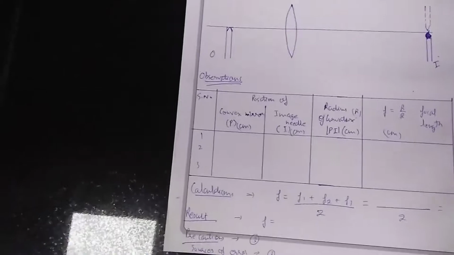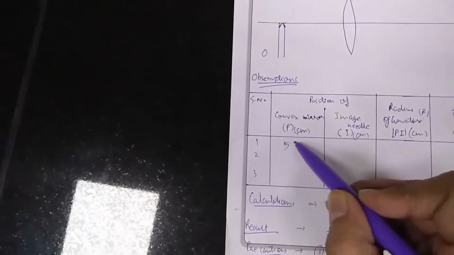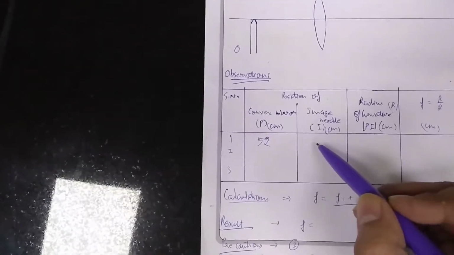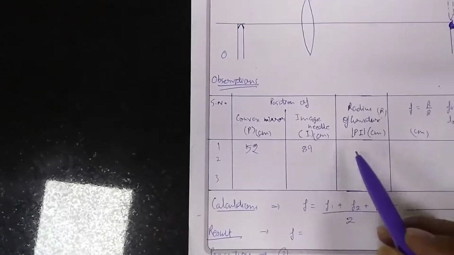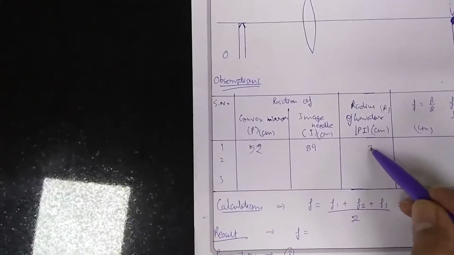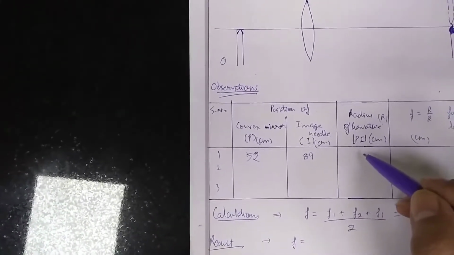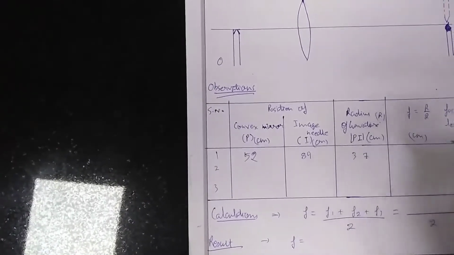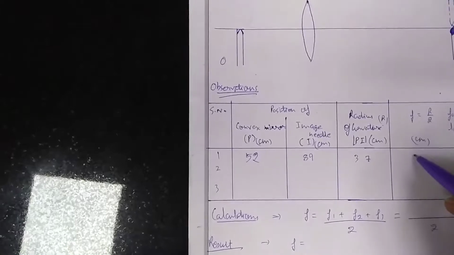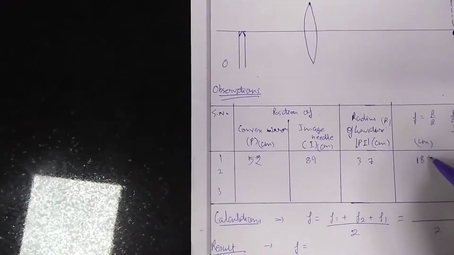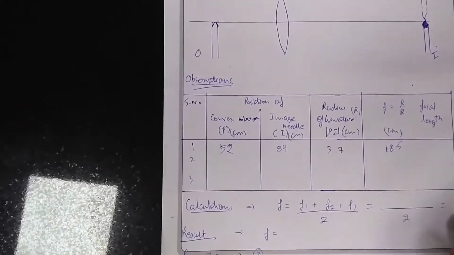We write the value of the readings. The position of the mirror is 52, the image is 89. The difference becomes 37, and 37 by 2 comes to be 18.5, which is f by 2.